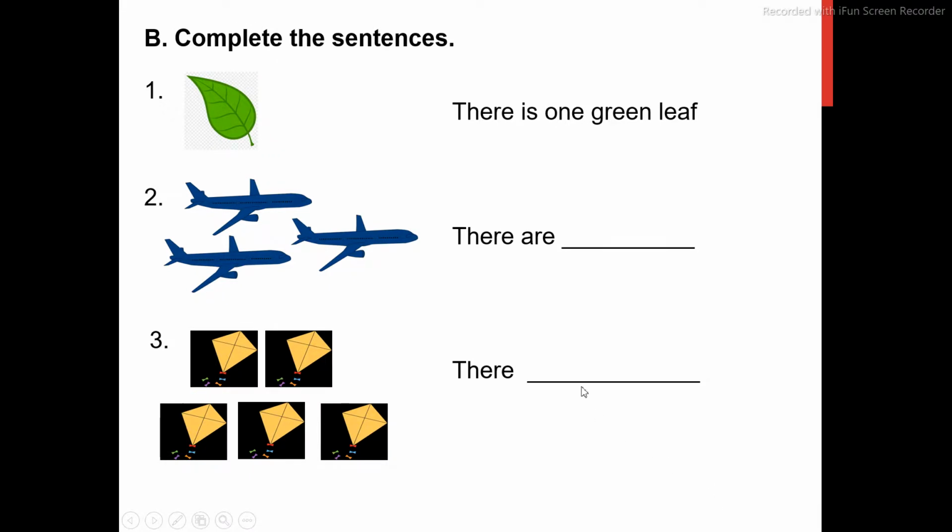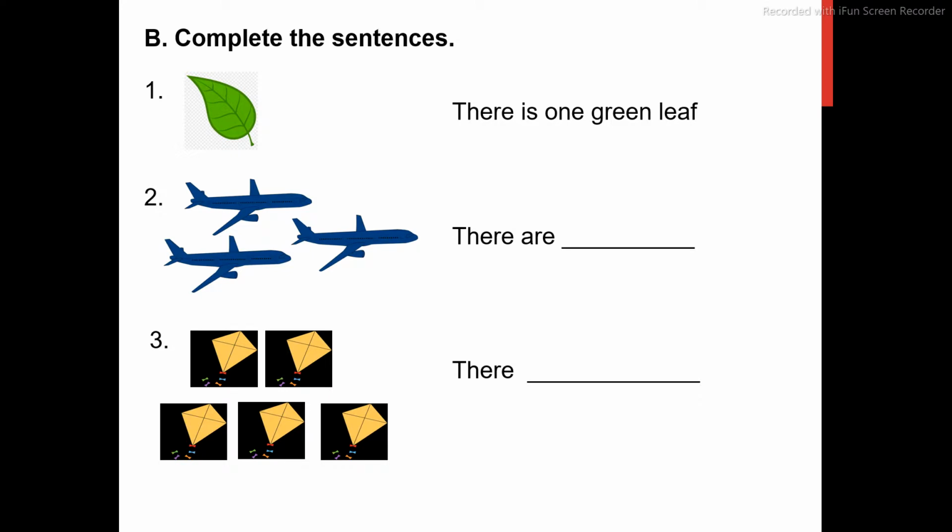In this activity, we need to complete the sentences. Number 1 is an example. It's a picture of one green leaf. So number 1, there is one green leaf. Number 2, we've got a picture that has 3 planes. 1, 2, 3.